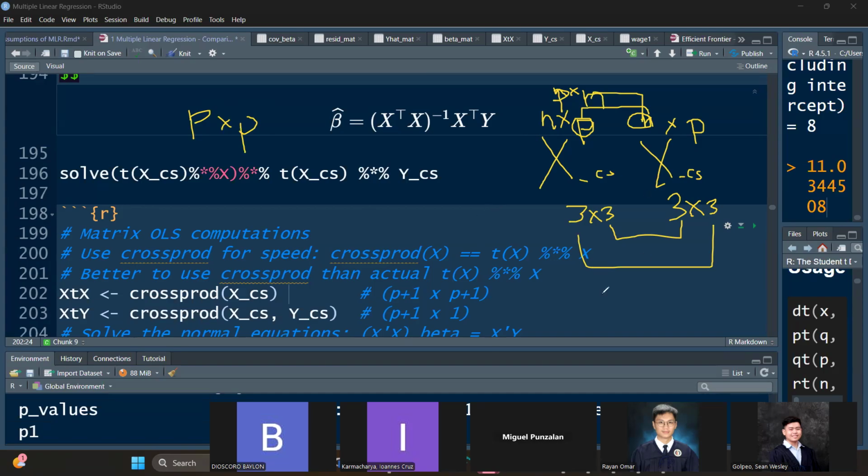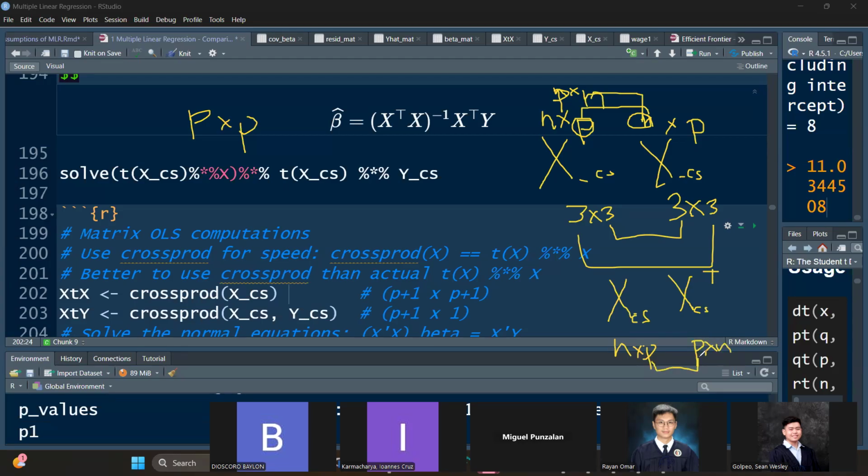All right. But there's this question: why not X times X transpose? Why is it the first matrix that gets transposed? Again, what's the size of this? This is n by p. And this one will become p by n, right?